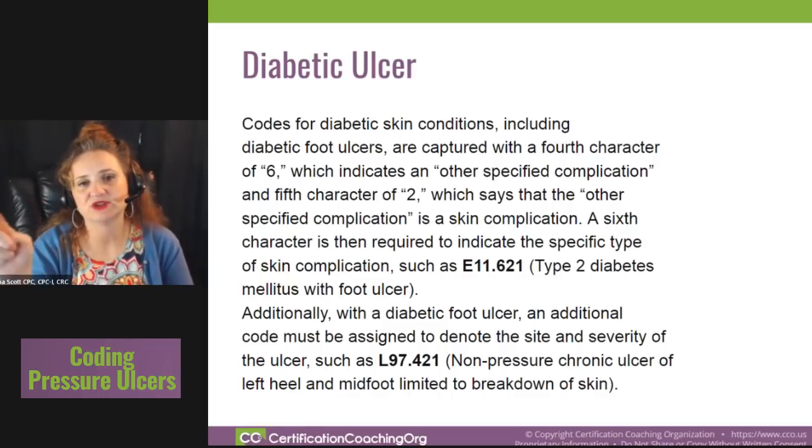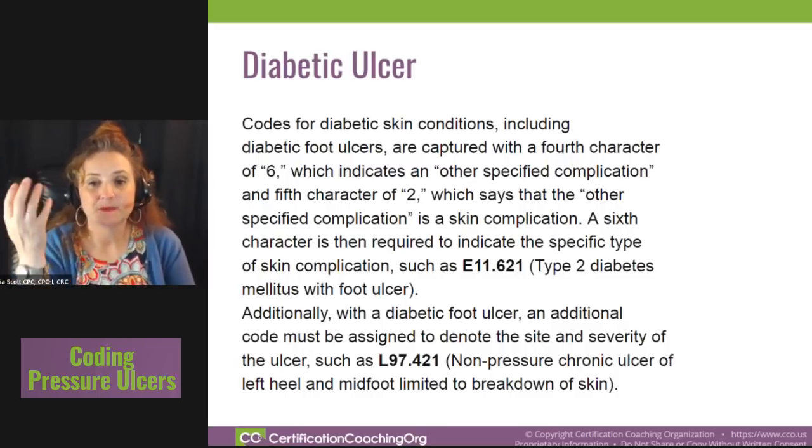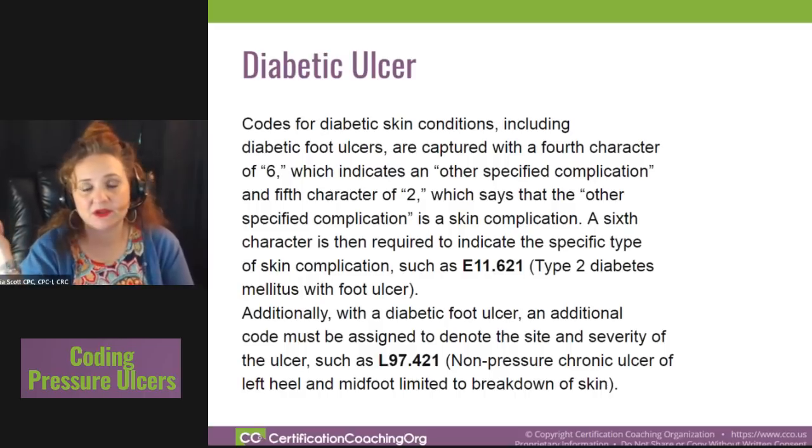Notice that when we were talking about pressure ulcers, foot wasn't mentioned, but diabetic foot ulcer is mentioned here. Why do you think that is? Because when you're diabetic, it's very common to get foot ulcers. Your shoes were too tight, right? You went to Vegas and walked all over the place and developed a sore on your toe, and it turned into an ulcer because you were diabetic.